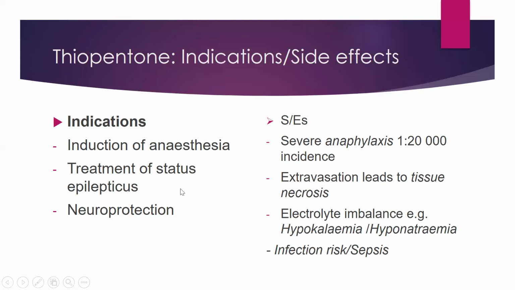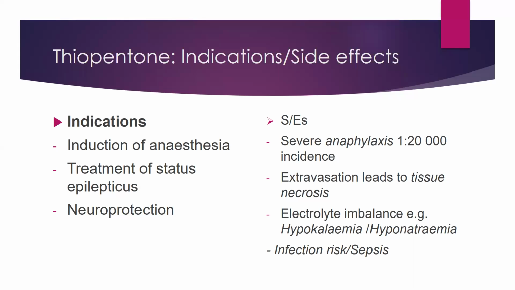So what are the indications and side effects? Thiopentone is used for induction of anesthesia. It is also used for the treatment of status epilepticus, and is very useful for neuroprotection, especially inducing barbiturate coma. The side effects are also not uncommon.